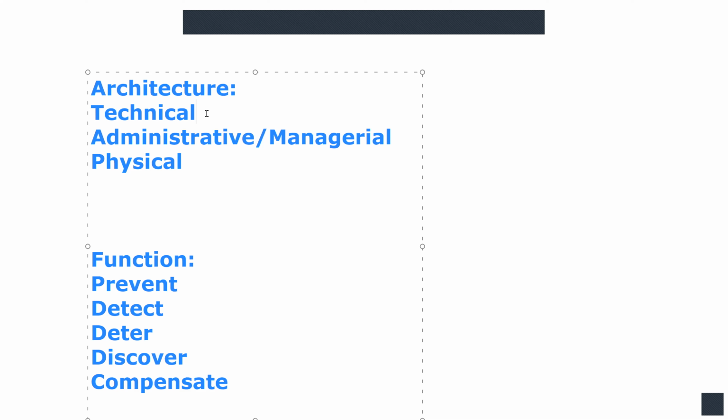Prevent, detect, deter. No, you are right. Forget about discover. In some terms we call it detect, and some others call it discover. Oh yes, this is okay now. Any other questions?